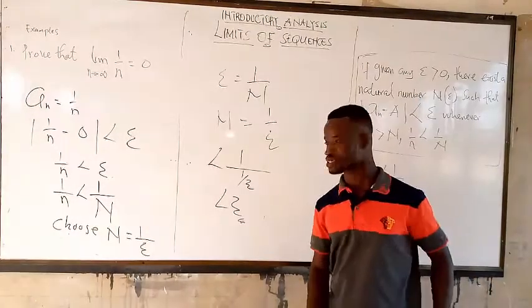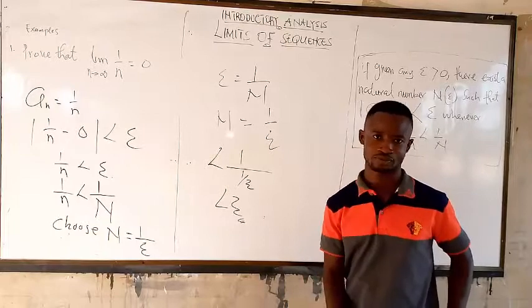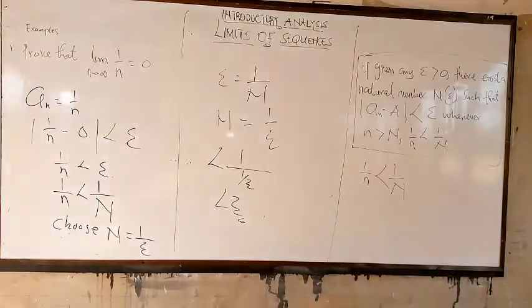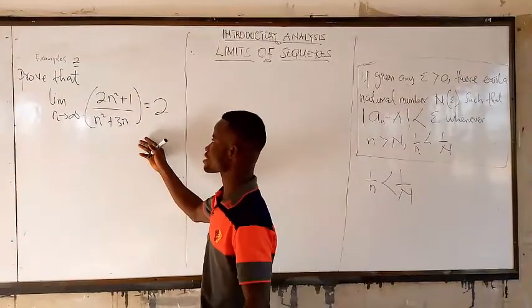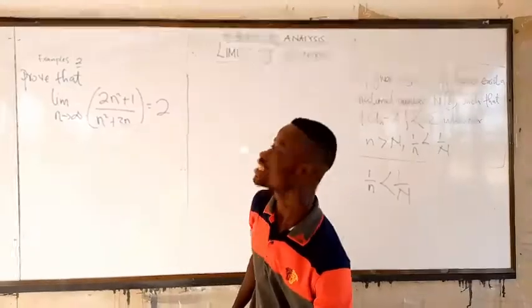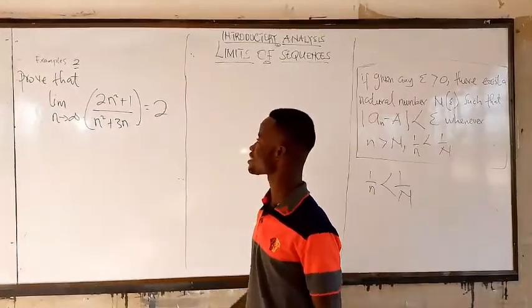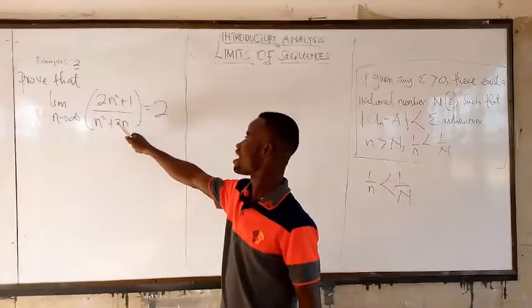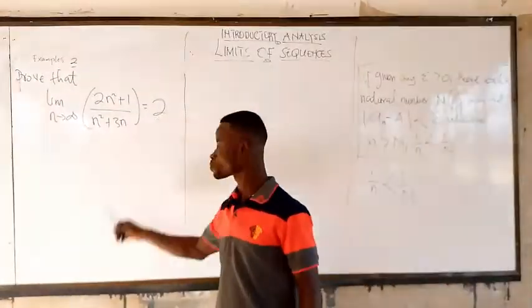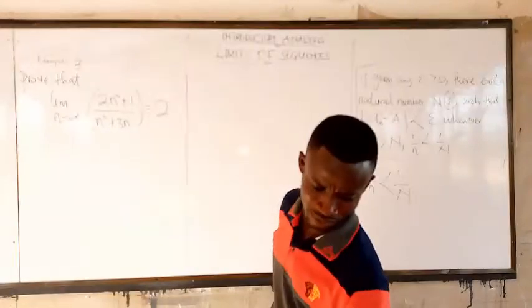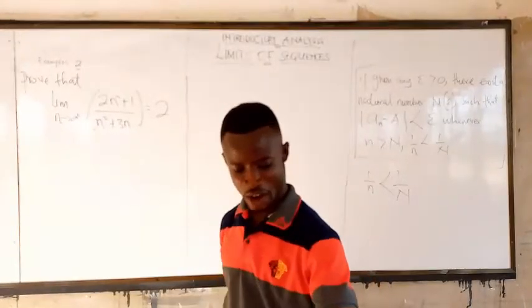Let's look at our second example. Alright, welcome back to the second question. Now we have to prove that the limit of this as n approaches infinity is equal to 2. Very good.